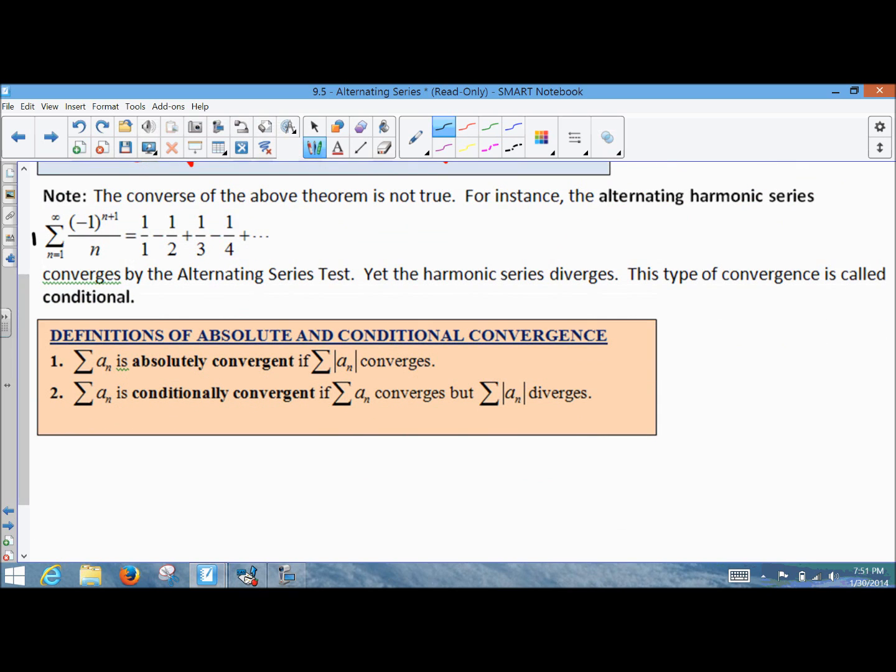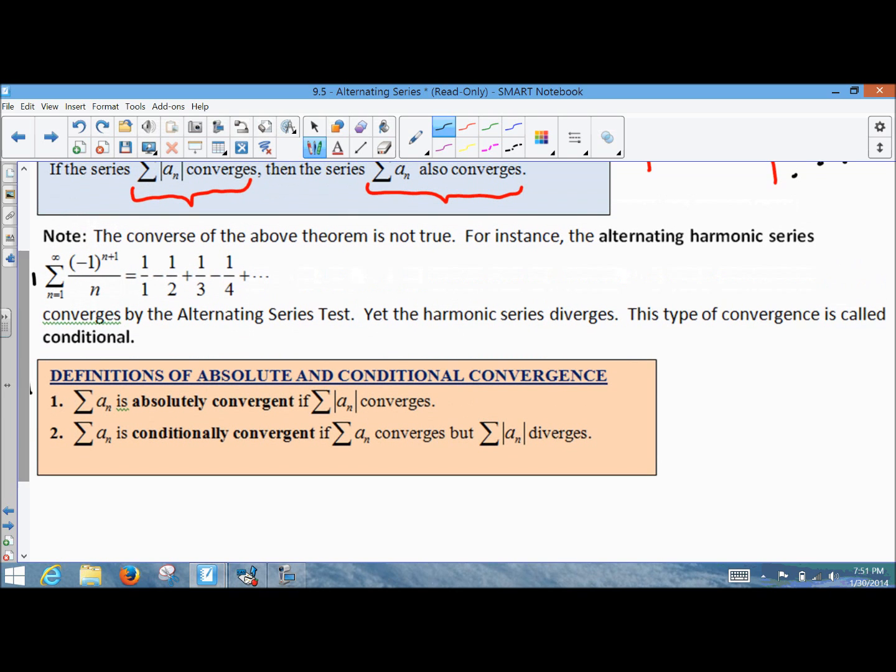And prior to that, you look up here and you see, hey, this is somewhat of a familiar series. I talked about it in a previous video. This is actually called the alternating harmonic series. It was my example 1, part A, and we had discovered that the alternating harmonic series is convergent.